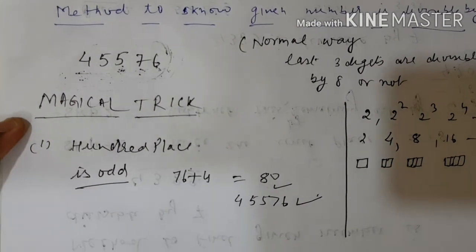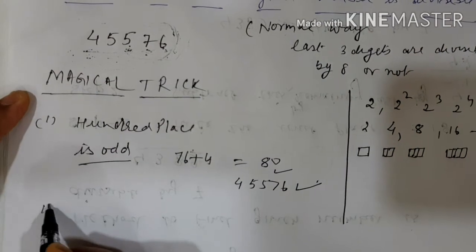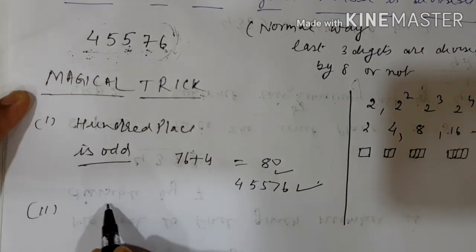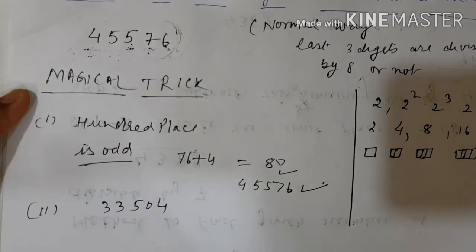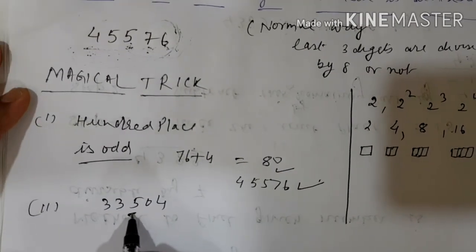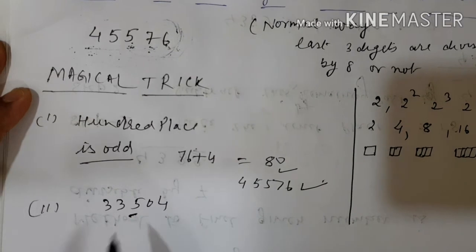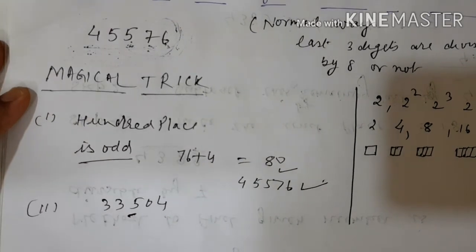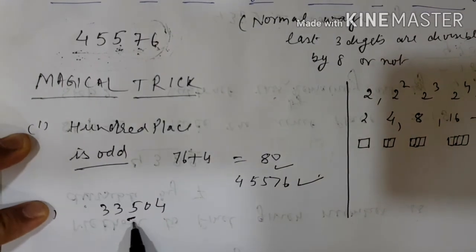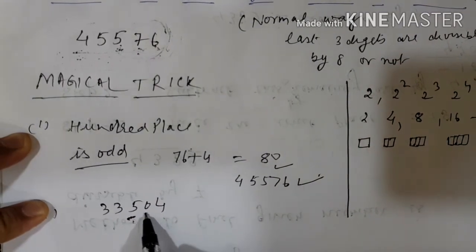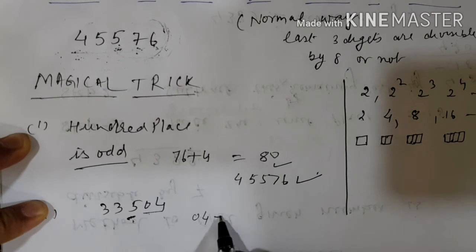Clear? Now I am taking one more example: 33504. The hundreds place, what is it? Odd. 33504, the hundreds place is odd. What will you do? In the remaining part, you will add 4.